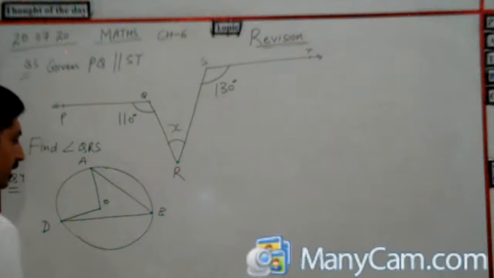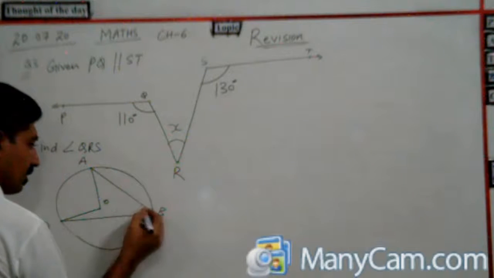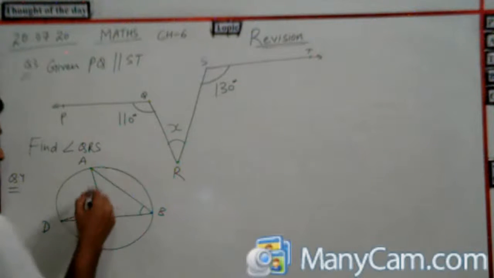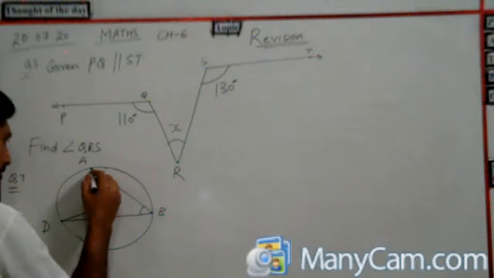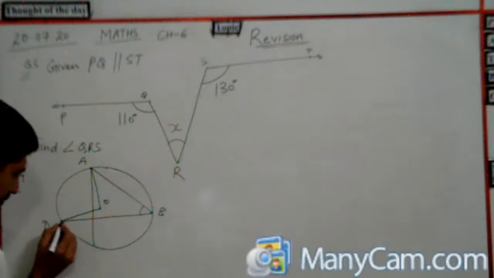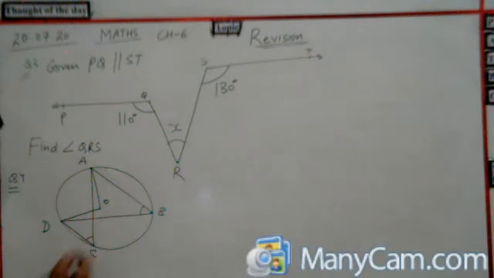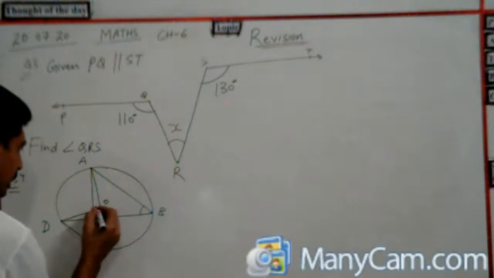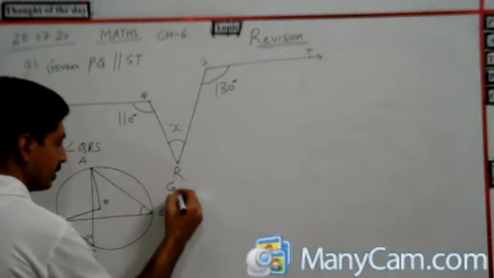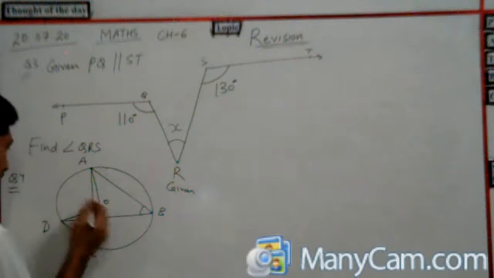Here you have to find one angle, ABD. We are given angle AOD.